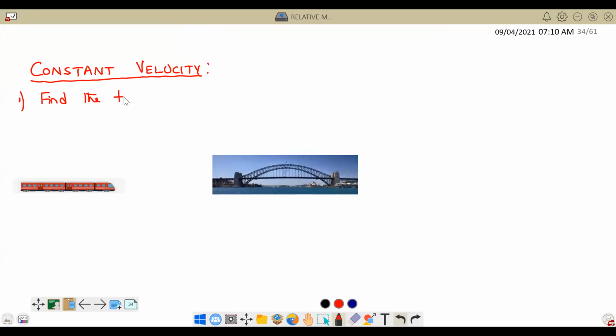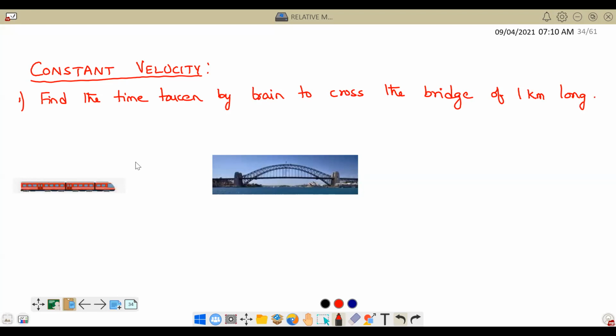Find the time taken by a train to cross a bridge of 1 kilometer long. Given the length of the train is equal to 200 meters and the speed of the train is equal to 72 kilometers per hour.